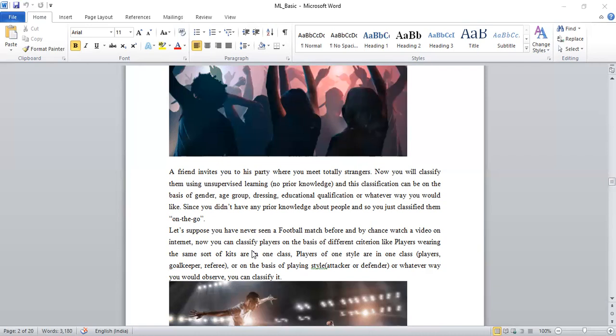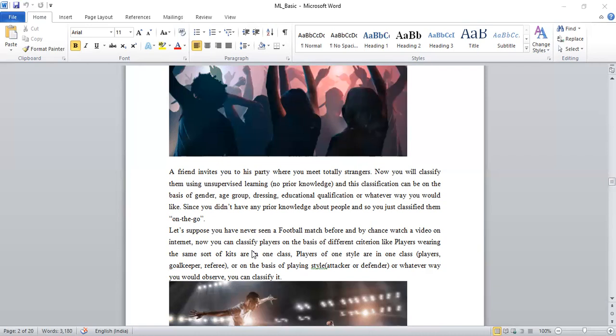It will put a particular set of friends having similar characteristics in one cluster and those having different characteristics in other clusters.